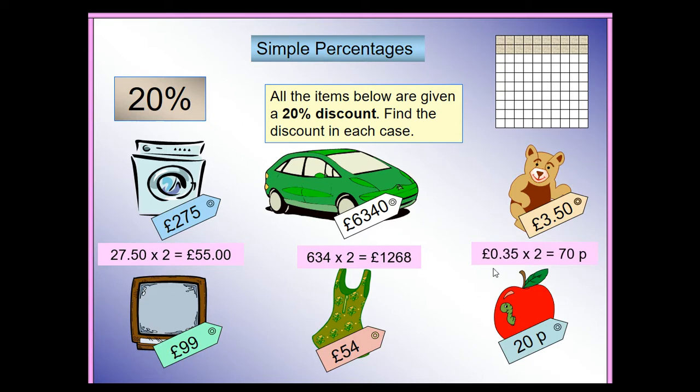Pounds are pounds, but not a pence and a pounds all in the same answer, so you wouldn't write pounds 70. 10% is 990, double it, you get 1980. 10% is 540, double it, you get 1080. And 10% is 2 pence, double it, and you get 4 pence.